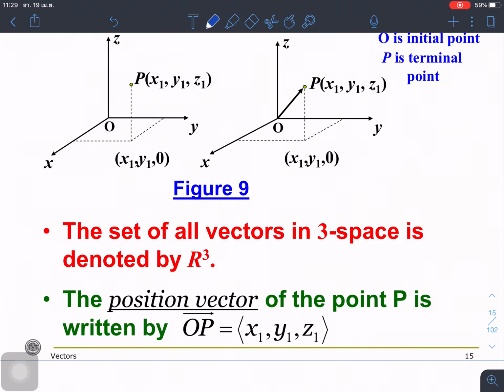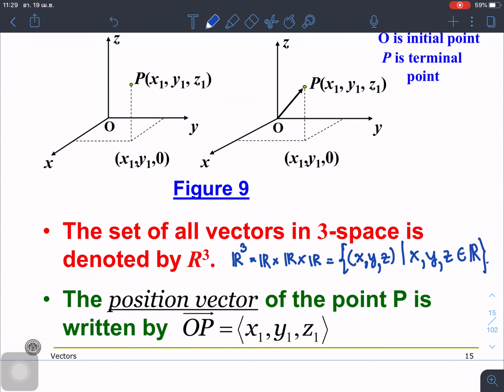Pretty much the same, the set of all vectors in three-dimensional space is denoted by R cubed, sorry, not R squared, and R cubed is just R times R times R, which is the set of (x, y, z), where x, y, and z belong to the set of real numbers.